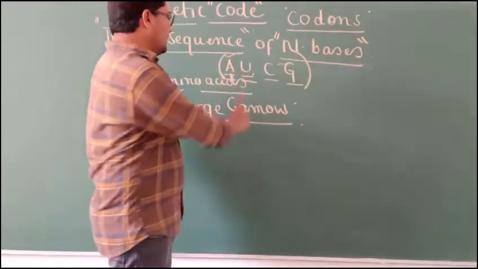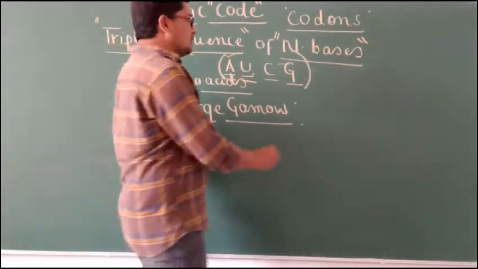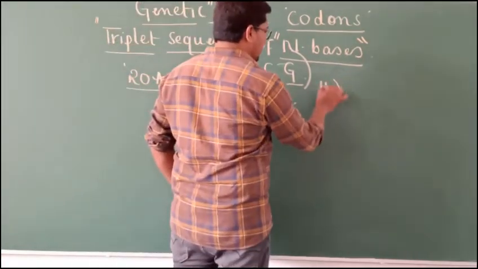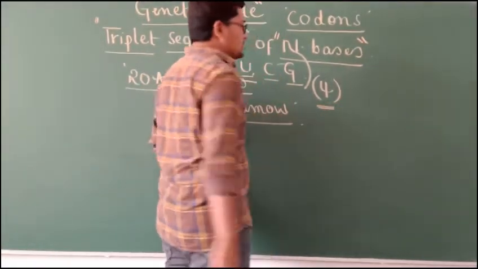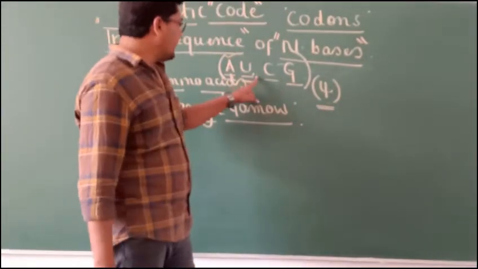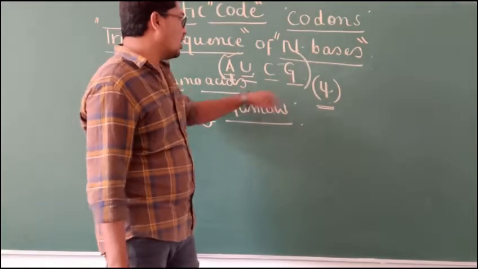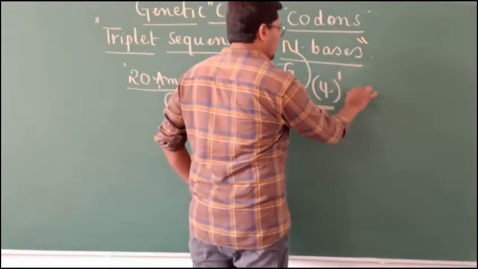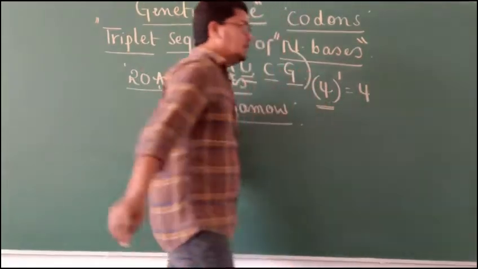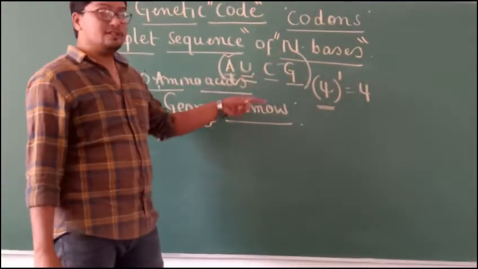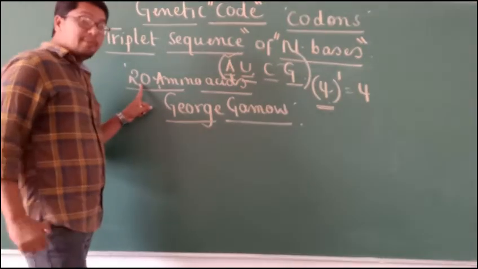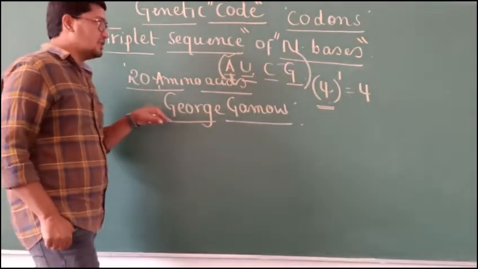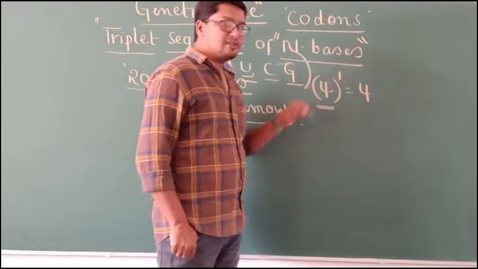Just imagine, if every nitrogen base acts as a codon, with only 4 types of nitrogen bases, it would be 4 power 1, so they could code for only 4 amino acids. But the minimum requirement is 20, so 4 power 1 is not a possibility.